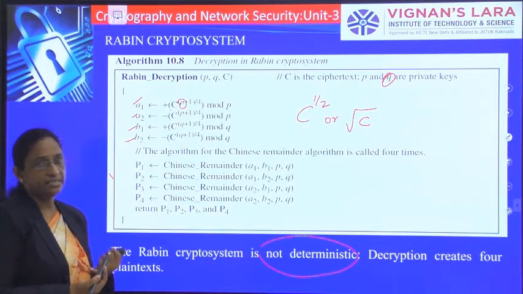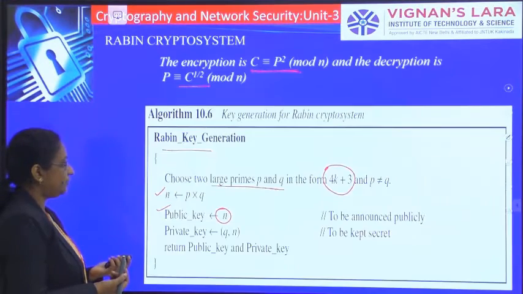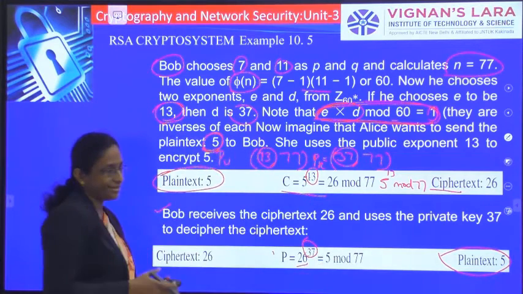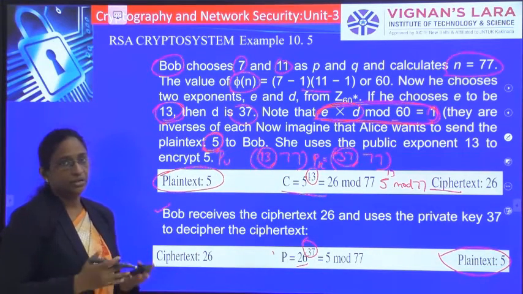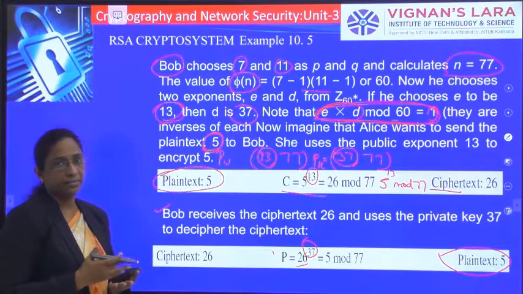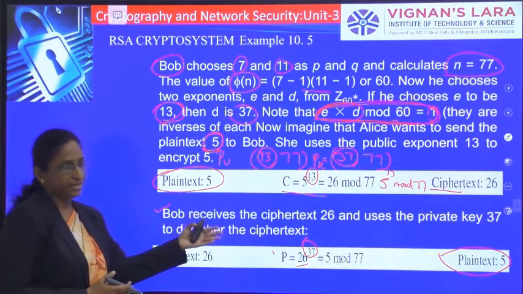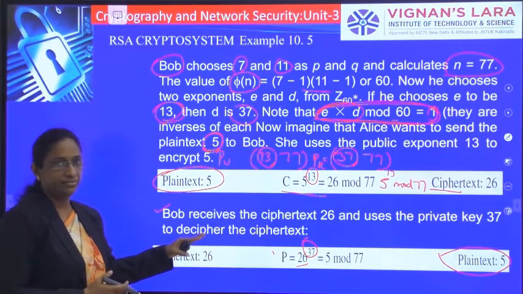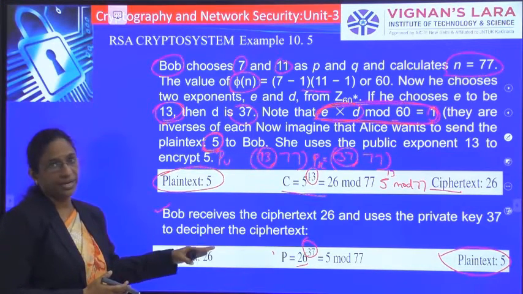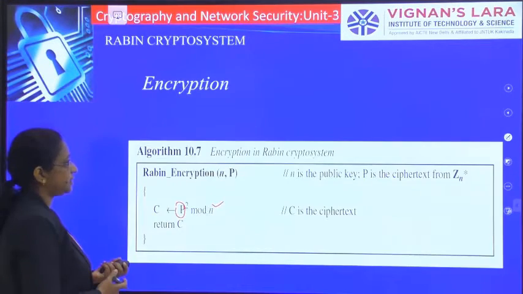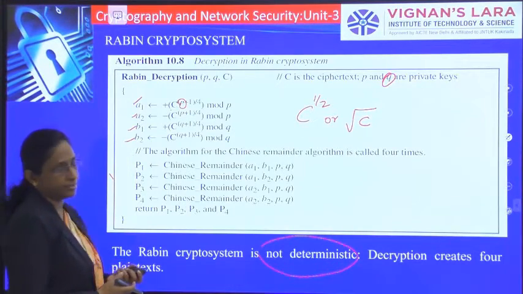When you look at the RSA algorithm, you get only 1 plain text, for example plain text equal to 5, not plain text 1, plain text 2, plain text 3. So RSA is deterministic, meaning it gives exactly the plain text, whereas the Rabin crypto system is non-deterministic.